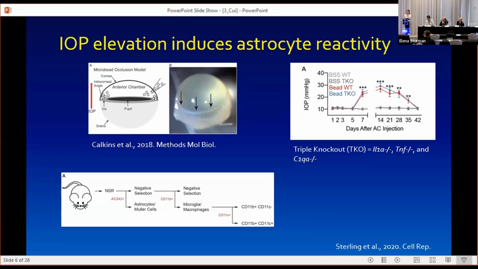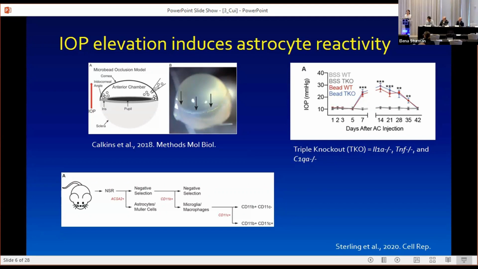We sought to answer this using the microbead injection model of glaucoma. This is a model where you inject microbeads in one eye of a mouse, and the microbeads make their way to the iridocorneal angle and result in elevated intraocular pressure. The other eye we inject with just balanced salt solution, and that serves as a control.